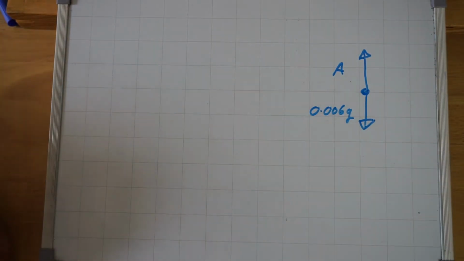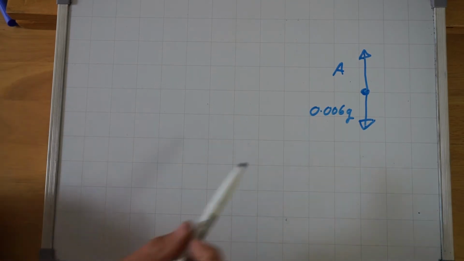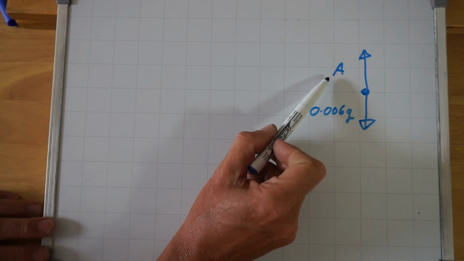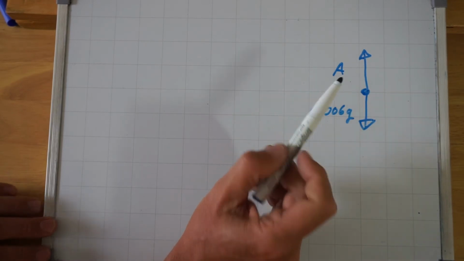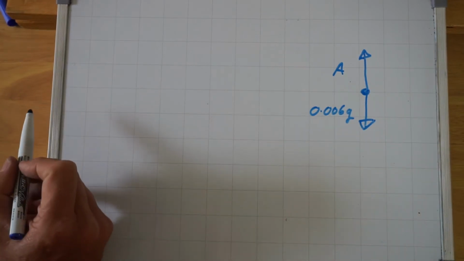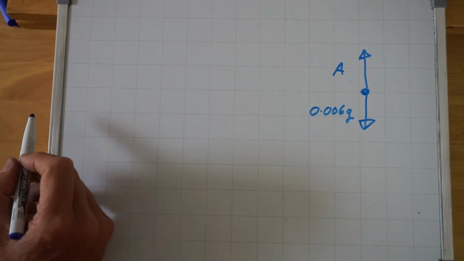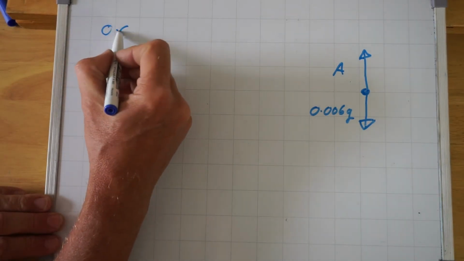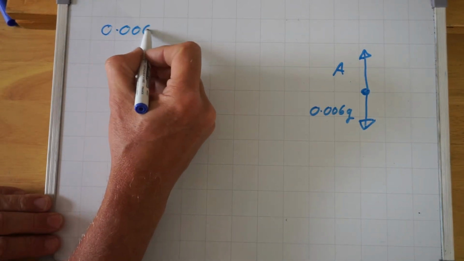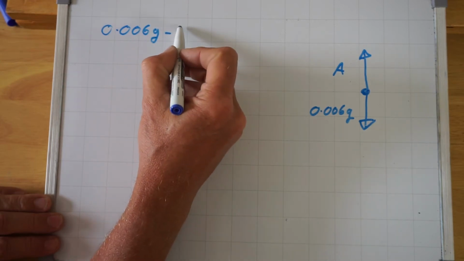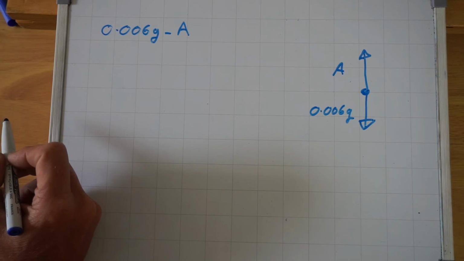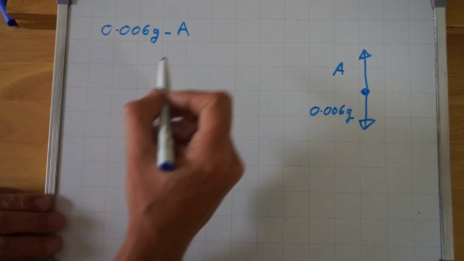The diagram shows the forces acting on the cone, the weight acting downwards, and what I'm assuming is a constant air resistance force acting upwards. The resultant force on the cone will be downwards, and the resultant force will be 0.006 g minus A. That will be equal to the mass times the acceleration.